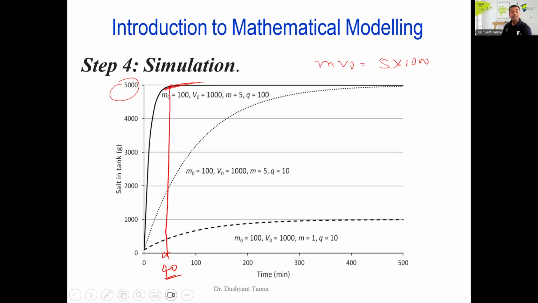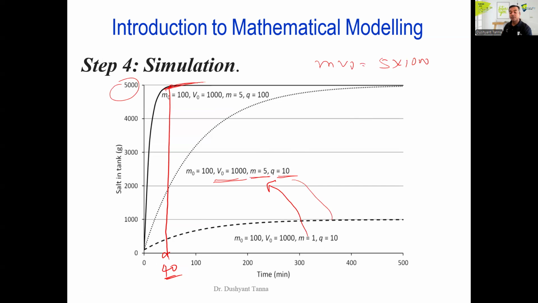Right. Let's talk about one more, the middle dotted line. For the middle dotted line, M0 is 100, V0 is 1000, M is 5, but the intake rate is different. We are just changing the intake rate, but this line is the same. So it's another situation with a given parameter.